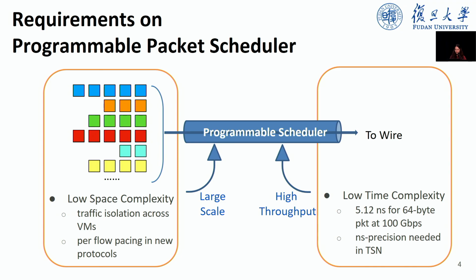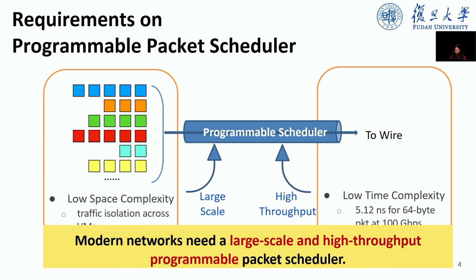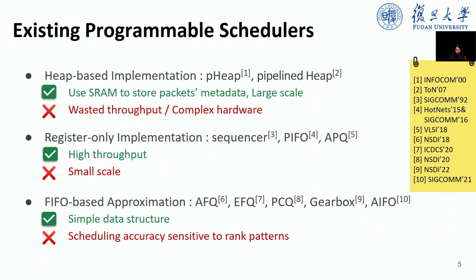For another, with increasing link speeds, the time budget to make a scheduling decision is getting smaller, and time-sensitive applications require nanosecond precision. So programmable packet schedulers are expected to have large scale and high throughput. In short, modern networks need a large-scale and high-throughput programmable packet scheduler.